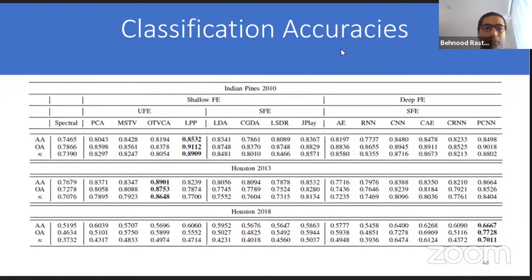So we used 3 different datasets: a hyperspectral dataset, Indian Pines 2010, Houston 2013, and Houston 2018. Both Houston 2013 and Houston 2018 are available online if you want to.